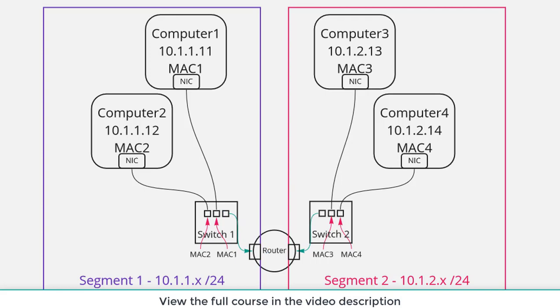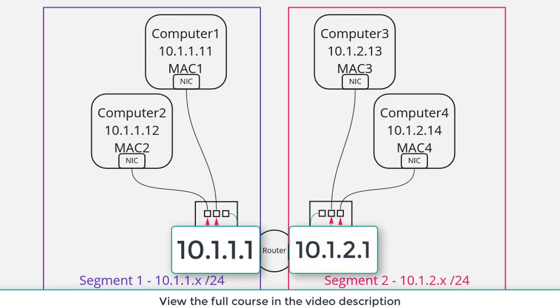And so on segment 1, let's assume that we have a router interface connected to segment 1, and that the IP address of that router interface is 10.1.1.1. And we also have a router interface connected to segment 2, and that IP address is 10.1.2.1.